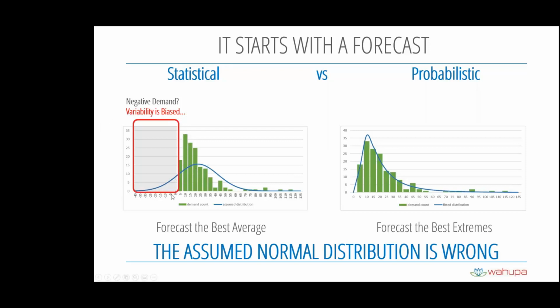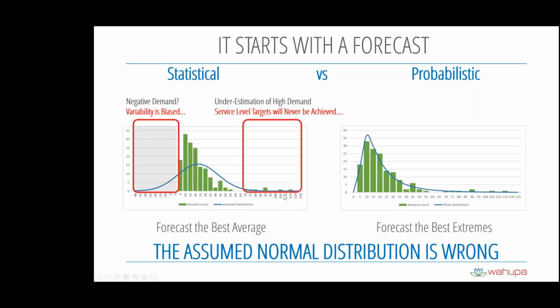It's an artifact. But barring that situation, every one of these demand forecasts with a normal distribution has a tail that goes down to negative infinity. And there will be some part of it that will be assumed to be negative. So if we ignore that, because that can't happen in practice, what you really get is a biased variability assessment. You put that into your supply chain, you're going to get bad effects.